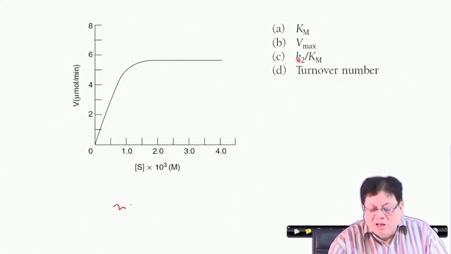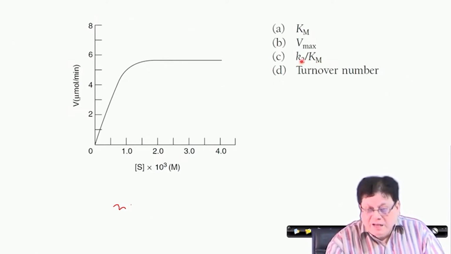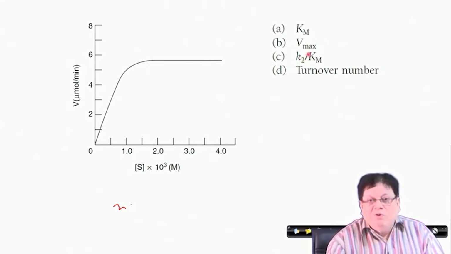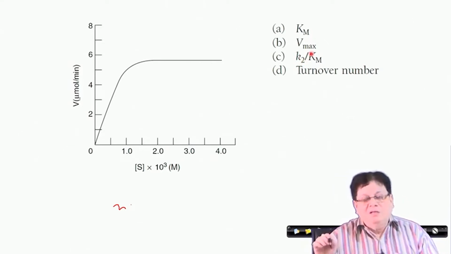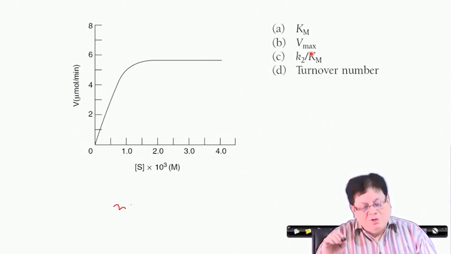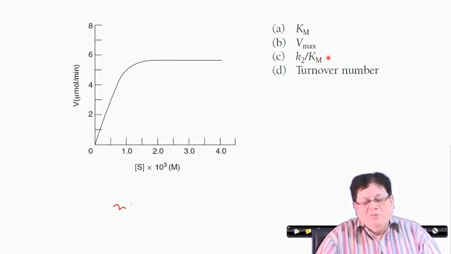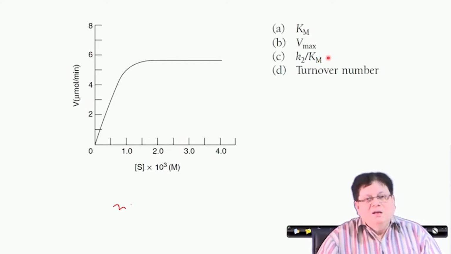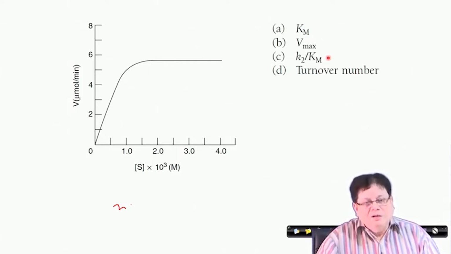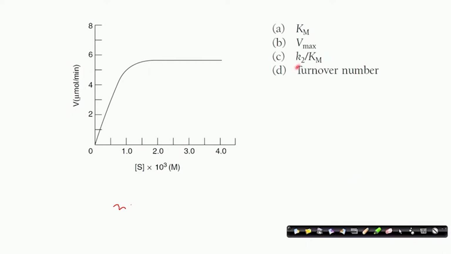I told you last time, k2 is the rate constant for the breakage of the ES complex, and Km gives the dissociation constant of the enzyme substrate complex into the substrate and the free enzyme. However, this k2 by Km is an important parameter that denotes the catalytic efficiency of the enzyme. And the fourth one is to calculate the turnover number.